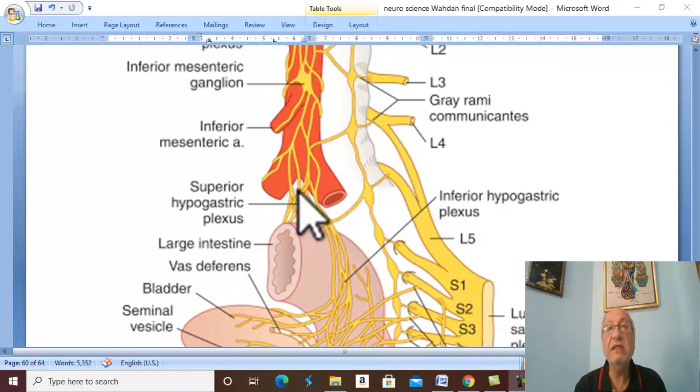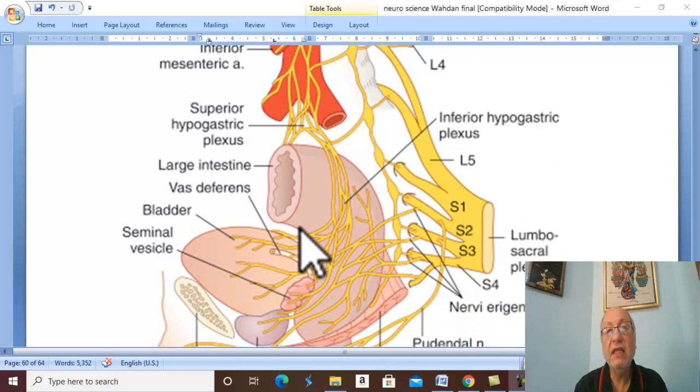Finally, the superior hypogastric plexus divides into right and left branches. These right and left branches are called hypogastric nerves, which descend downward to share in the formation of the inferior hypogastric, or also called the pelvic plexus.